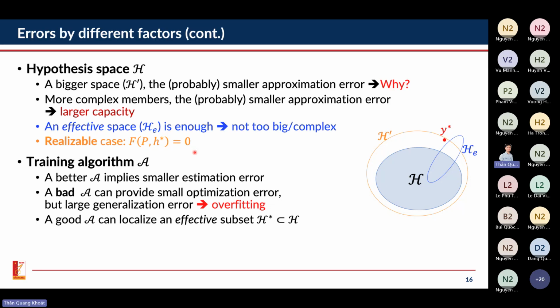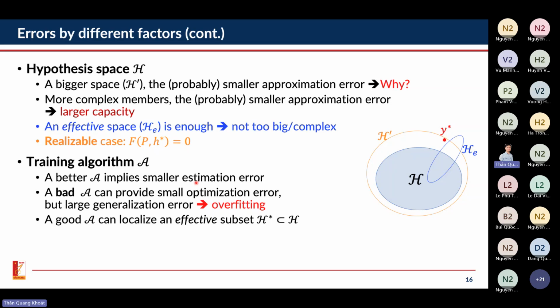Another source of error can come from the training algorithm, from the learner. Of course, you can see this from practice, right? If we have a very good training algorithm, then it can produce smaller estimation error, right?